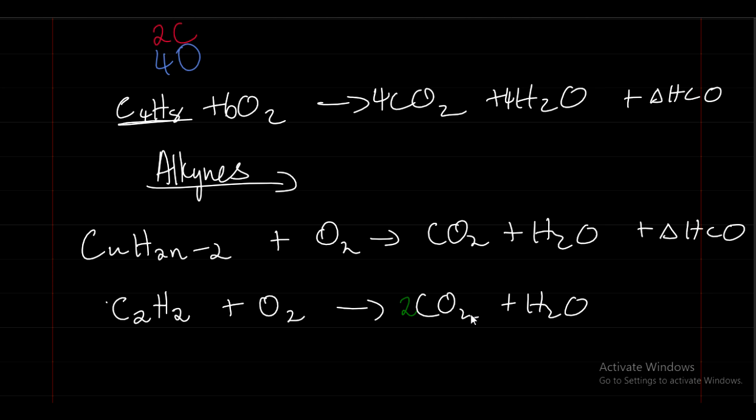Always, even in alkenes and alkanes, if you want to balance your O2 on the left, on the right you must have even numbers of stoichiometric ratios.